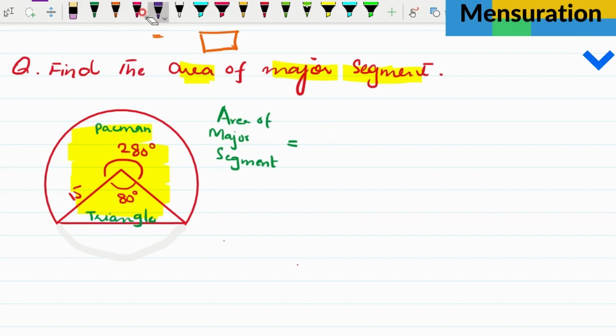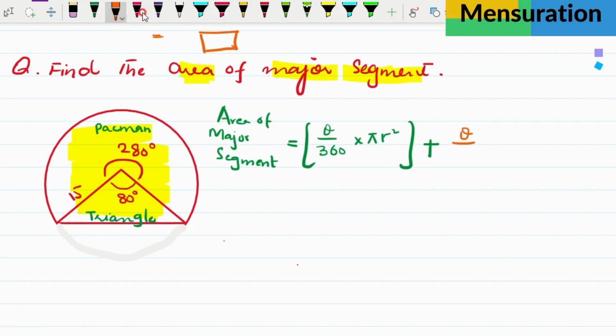plus the triangle. And what is the area of Pac-Man here? Do you remember it? Yes, it is theta over 360 into pi r square. Plus, what is the formula of the triangle?